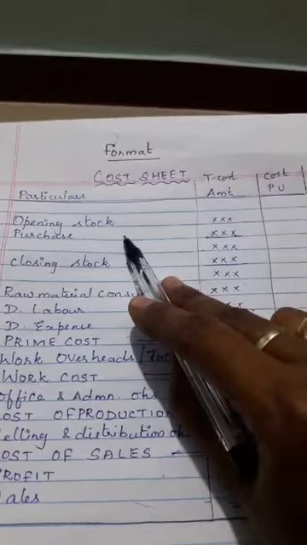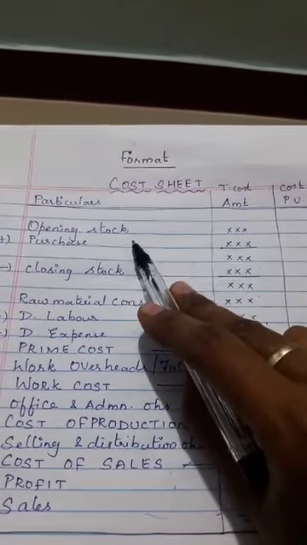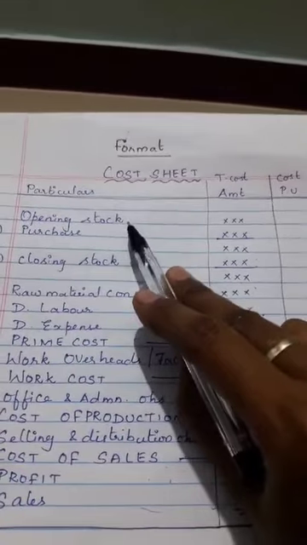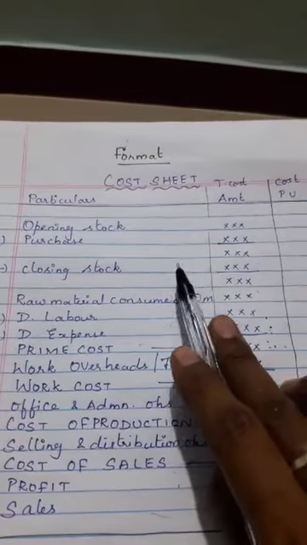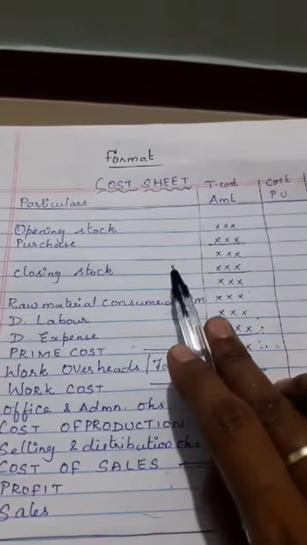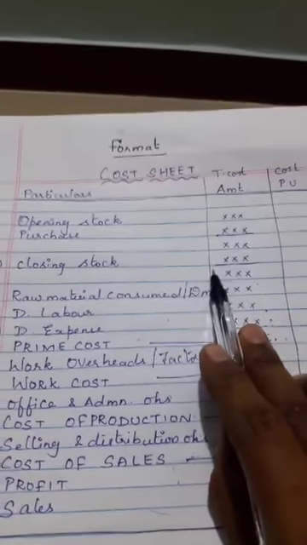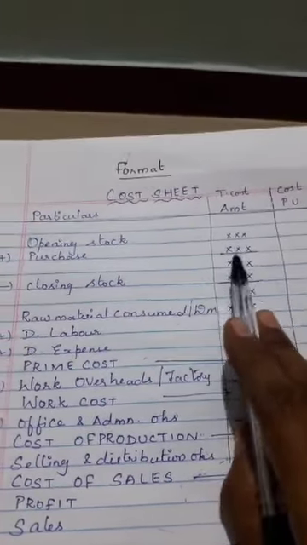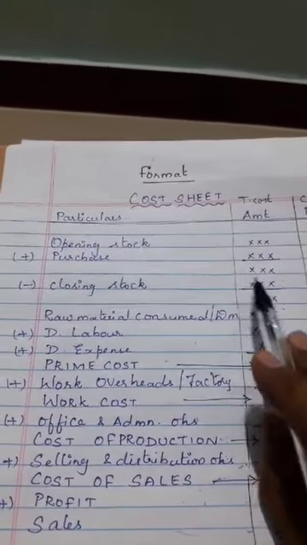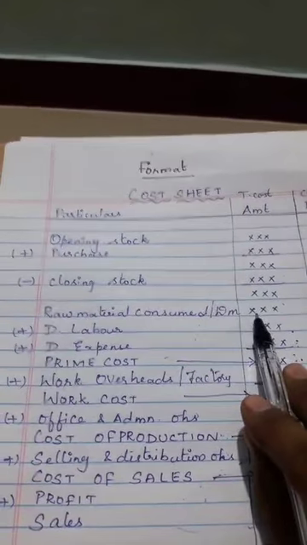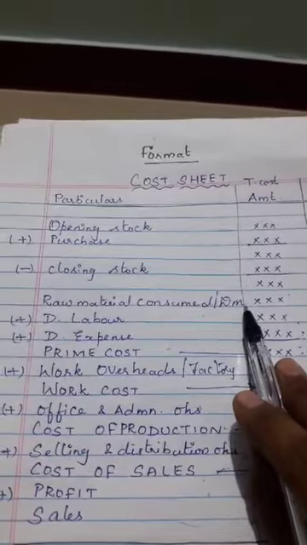Plus purchases, which are made during the year. Any raw materials purchased during that period are called purchases here. Next comes your closing stock, that is the stock which is left over with you at the end of the year, called closing stock, right? So now opening stock plus purchases minus closing stock will leave me with the raw material consumed or direct material.